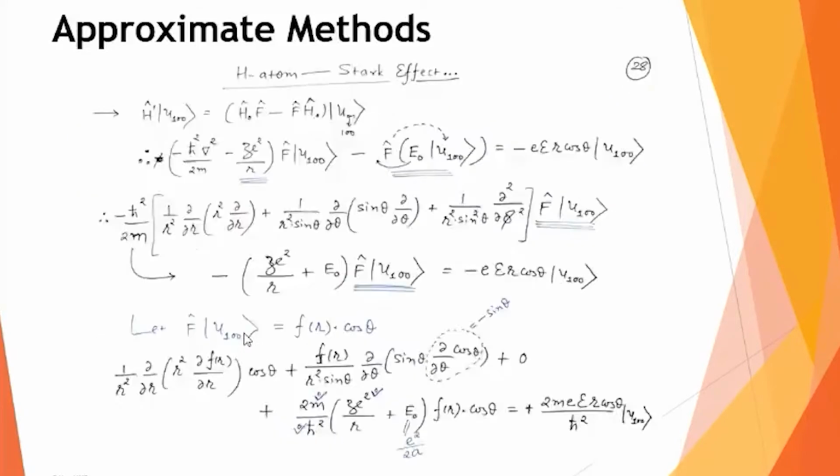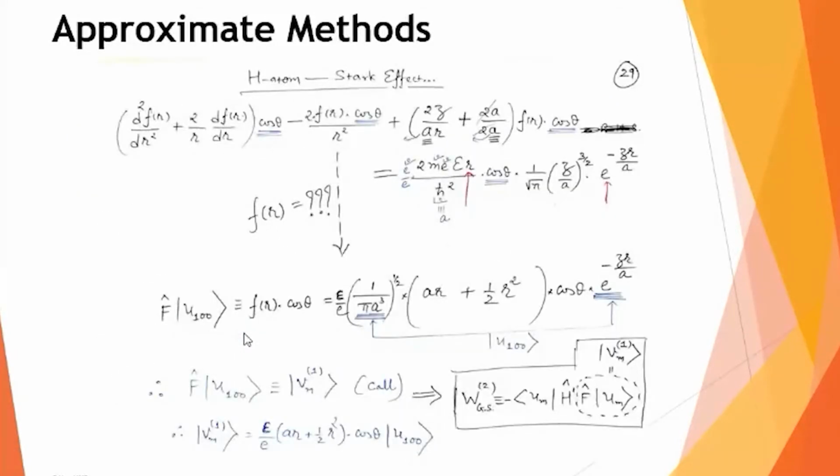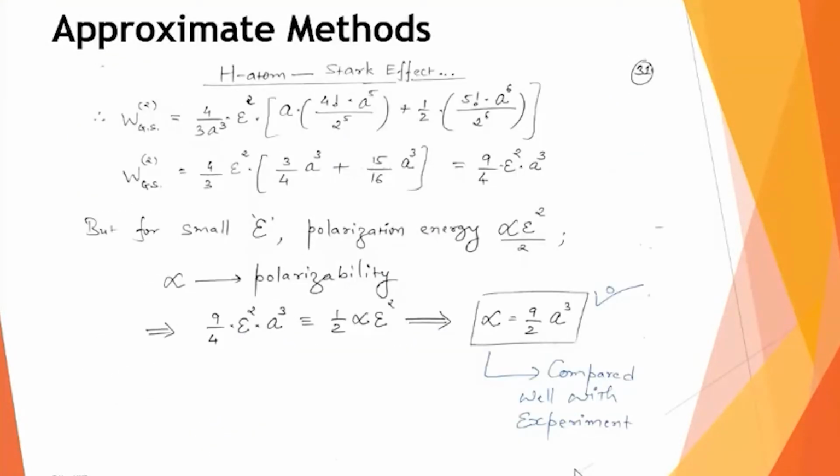The second order correction we can perform by following the Dalgarno-Lewis method, and that gives me the idea of polarizability, which compares very nicely with the experiment. So that is again a proof, a confirmation that perturbation theory is valid, or applicable, to calculate a physical quantity. Here we have computed the polarizability for hydrogen.